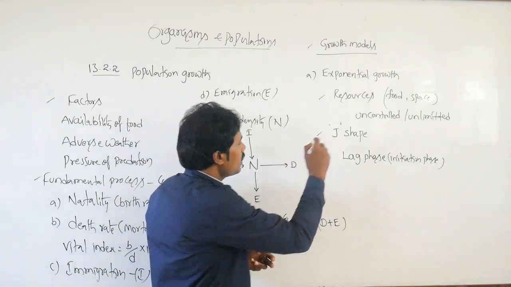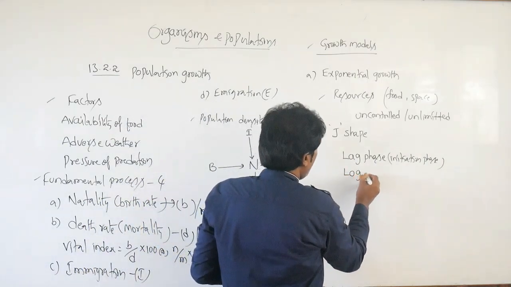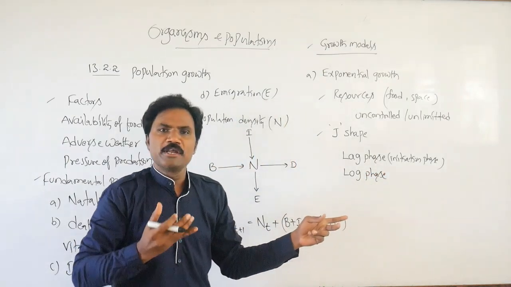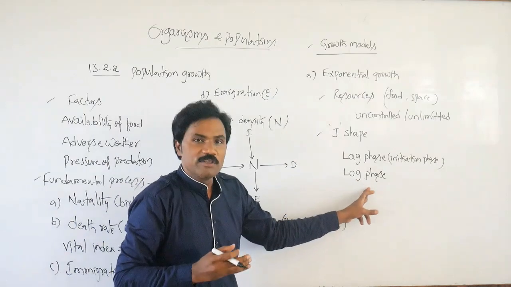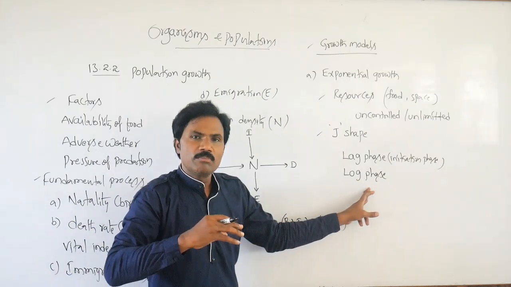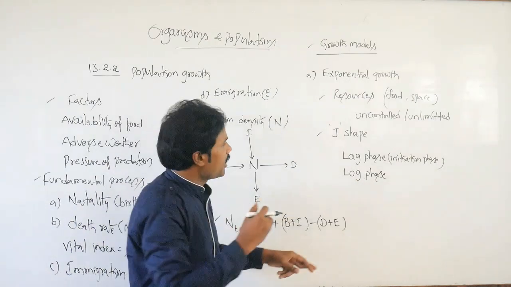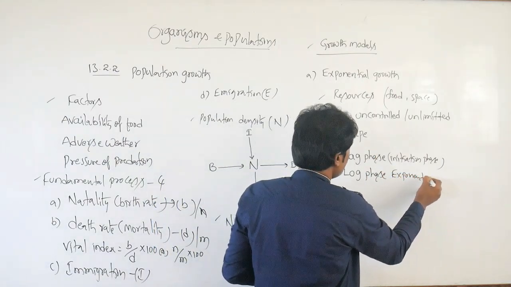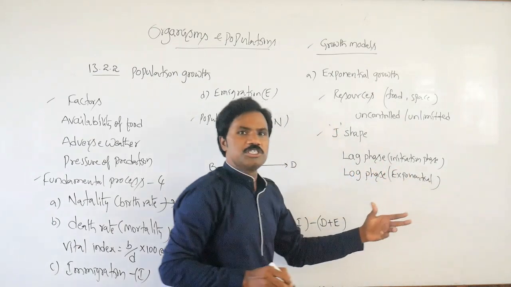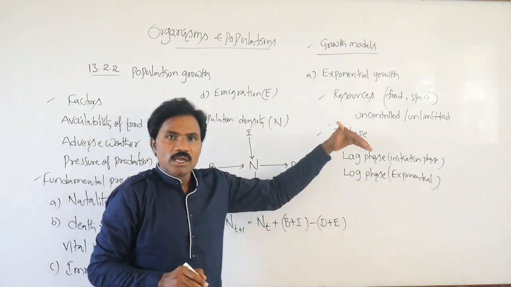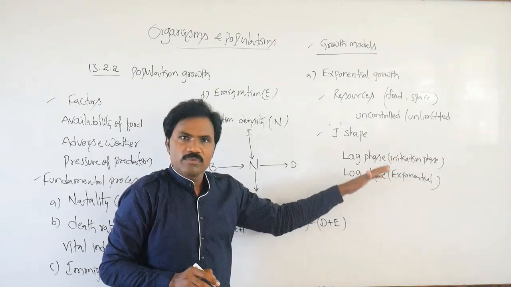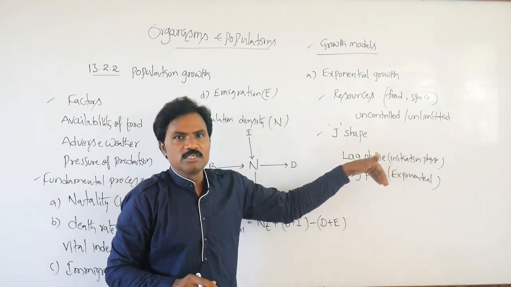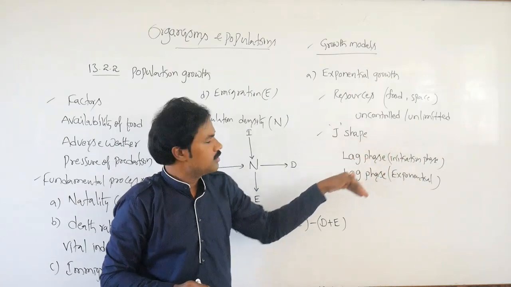Then the log phase, that means the exponential phase. Log phase means exponential, maximum growth rate. Enormously, in a given period of time, in the given population, exponentially, it reaches the maximum number.